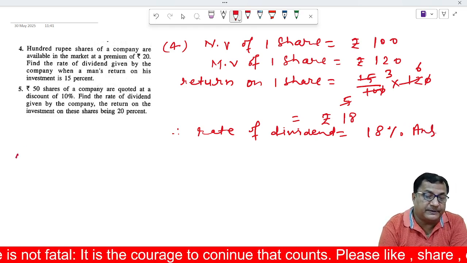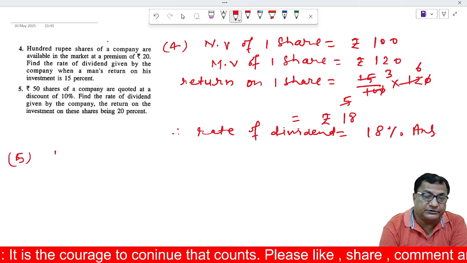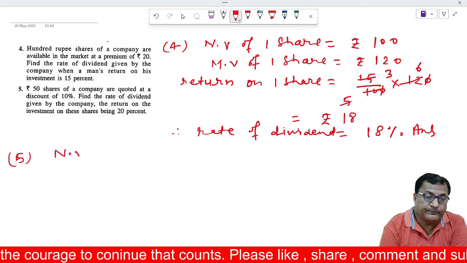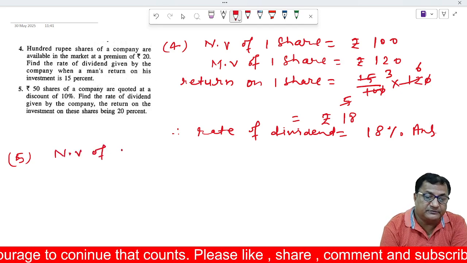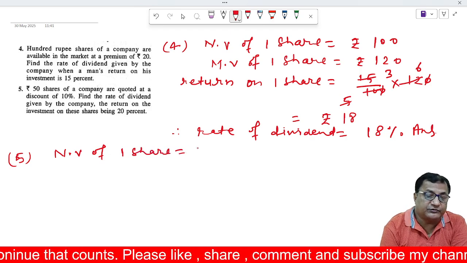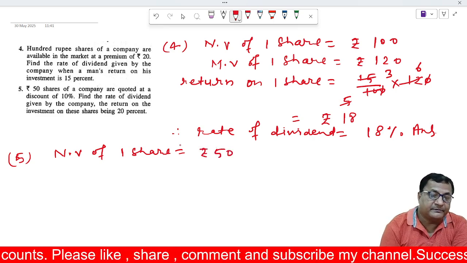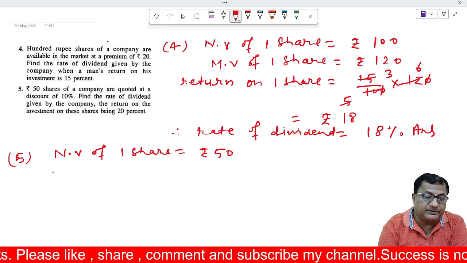Now see question number 5. A rupees 50 share means the nominal value of one share is equal to rupees 50, quoted at a discount of 10%.